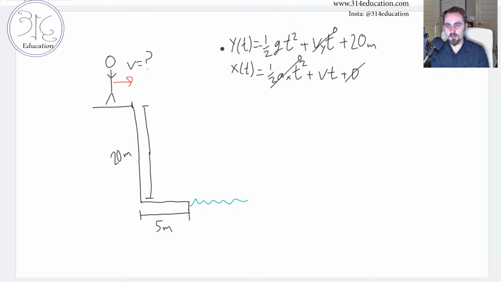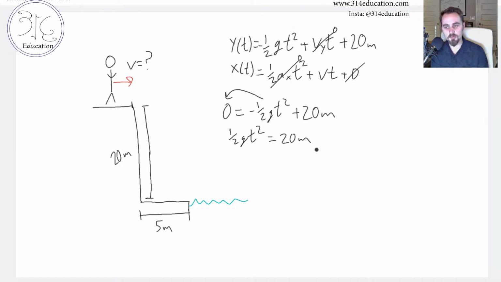So we can start with our y equation up here, looking for the time it takes for us to reach y equals 0. So we'll set 0 equal to negative 1/2 g t squared plus 20 meters. Now I want to solve this for t. I'm going to bring the negative term over to the right, giving us 1/2 g t squared is equal to 20 meters.